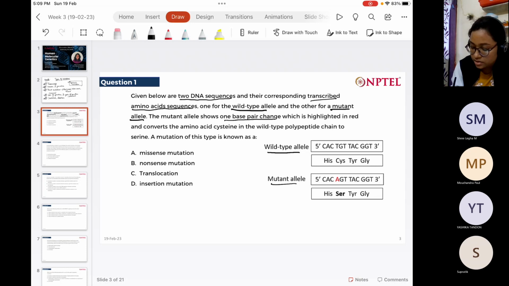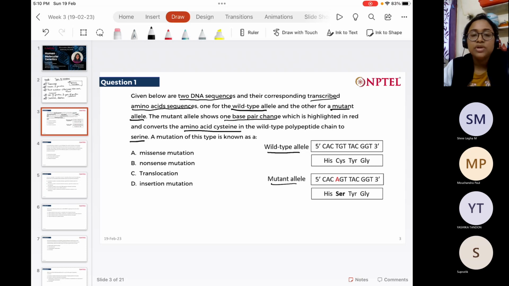So here mutant allele A is the substituted one, and it converts the amino acid cysteine in the wild type protein to serine in the mutant. So you have to tell me what is the type of the mutation here.